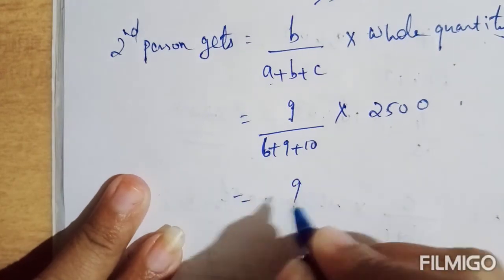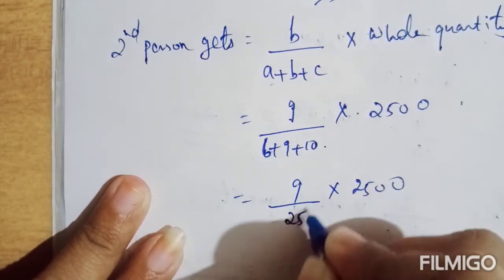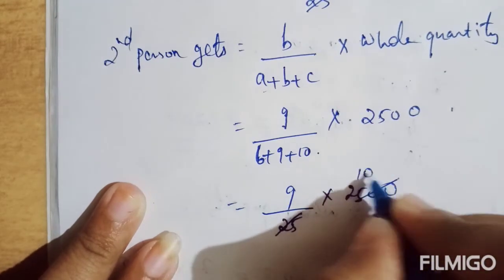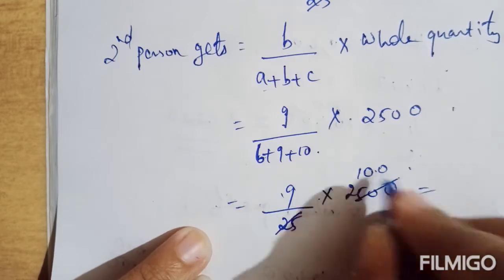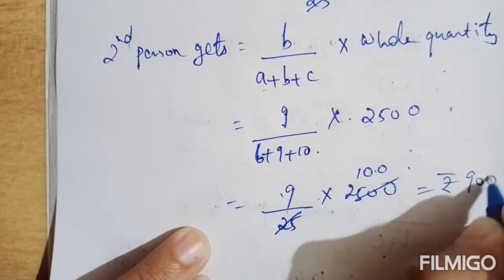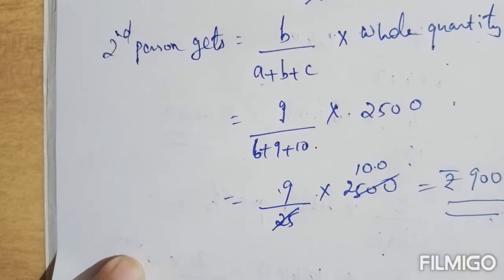So 9 by 25 into 2500, 25 and 2500, here it will be 100, so 9 into 100, rupees 900. So 900 is the amount that the second person gets.